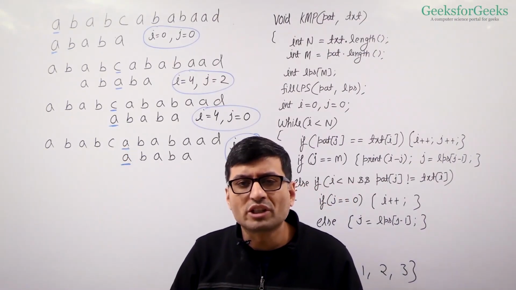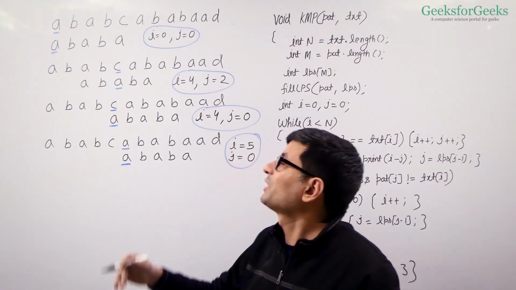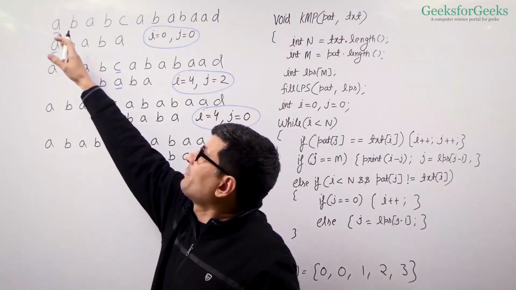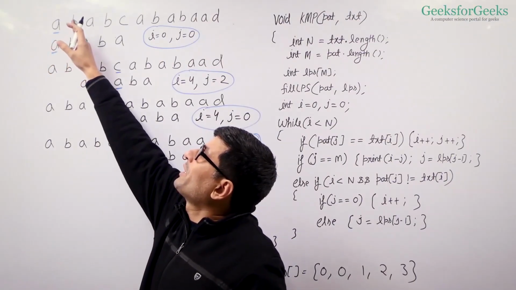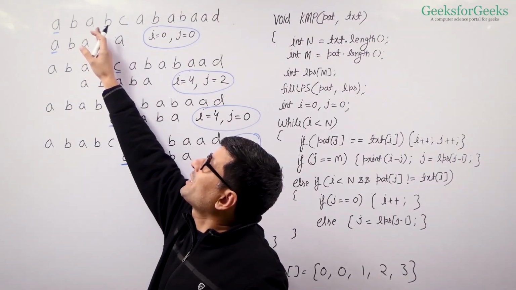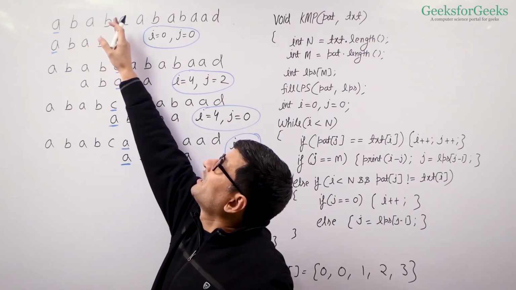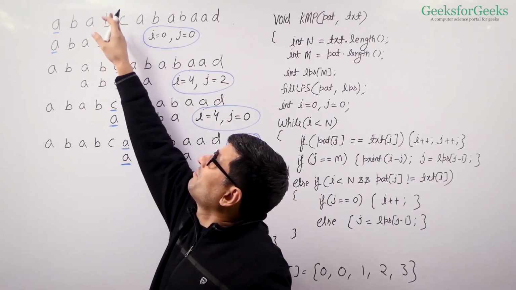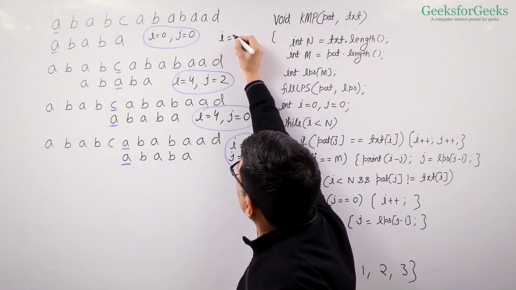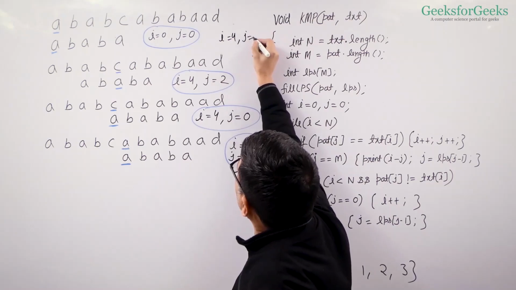I have rewritten all these steps for your reference. We started with i equal to 0 and j equal to 0. They matched, so we incremented i and j both. Then again matched, so we incremented i and j. Again matched, we incremented i and j. And this time they mismatched, right? So we saw a mismatch at i equal to 4 and j equal to 4.